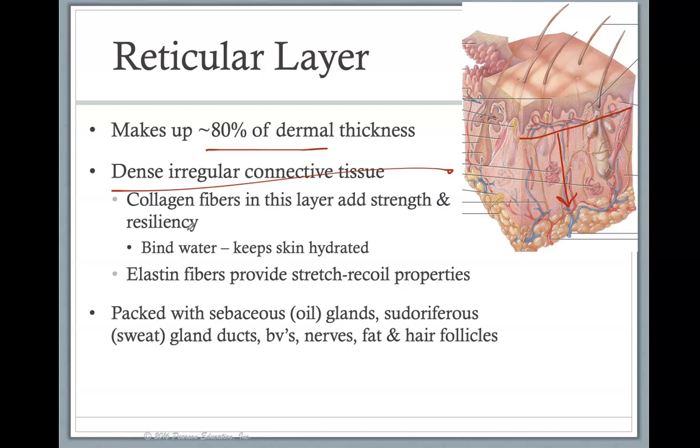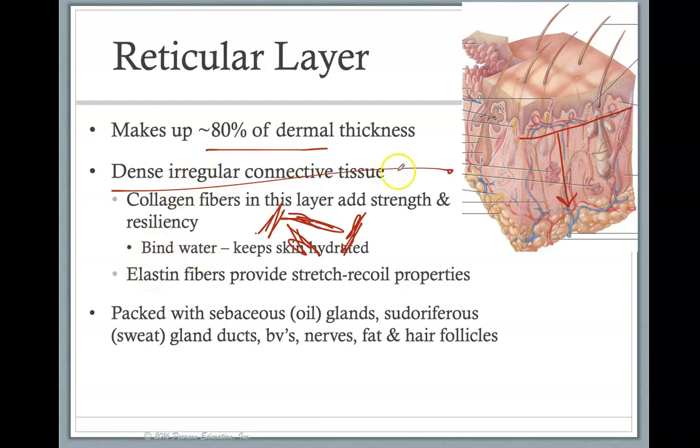So that's why we have this dense irregular connective tissue with these collagen fibers, and we'll have a bunch going one direction here, and then a bunch maybe going this direction here, and then a bunch over here going this direction. So again, they're really helping resist tearing in all different directions on the skin, which is really important.